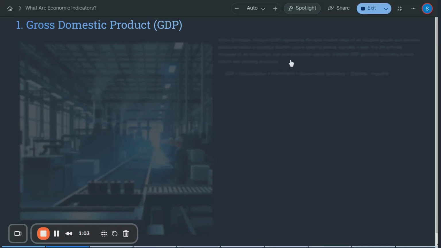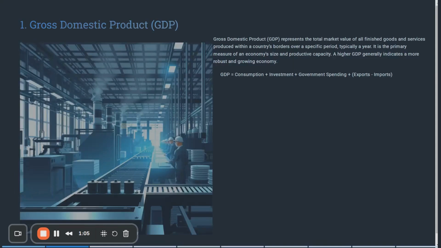GDP, gross domestic product. Gross domestic product, GDP, represents the total market value of all finished goods and services produced within a country's borders over a specific period, typically a year.